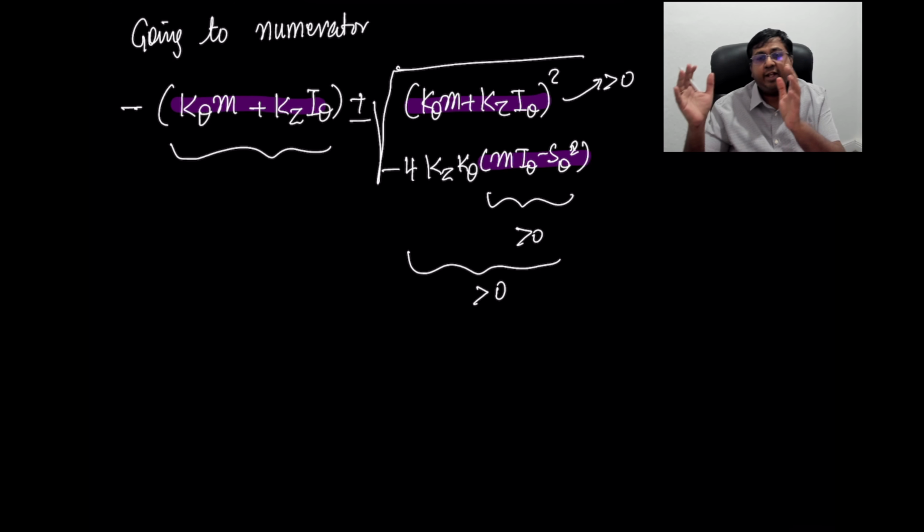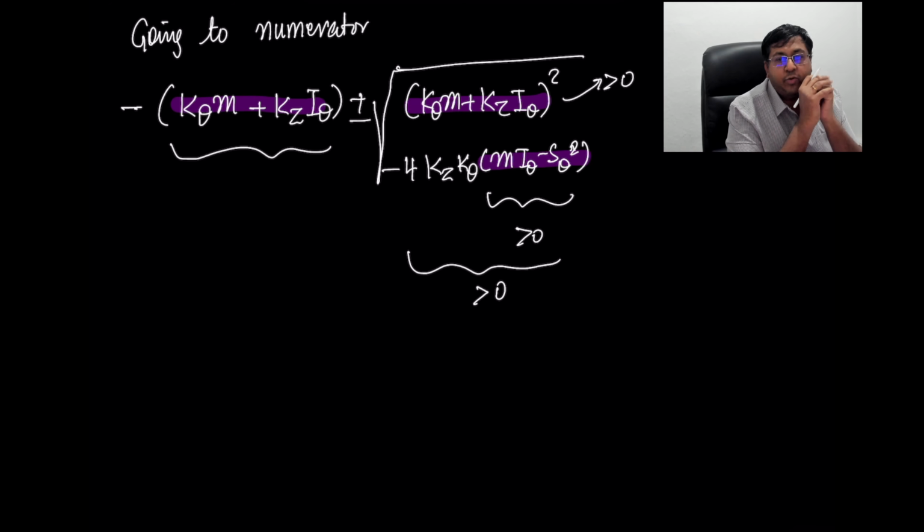So we can easily say that the term inside the square root is always going to be smaller than the term outside the square root.